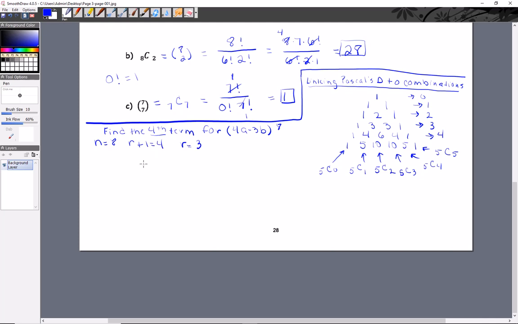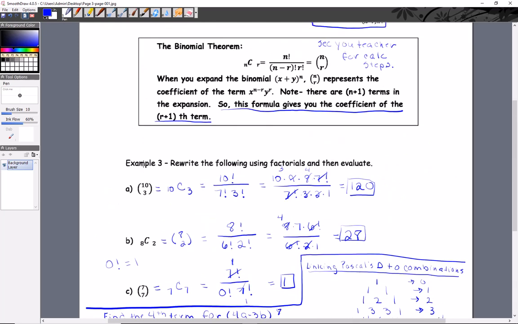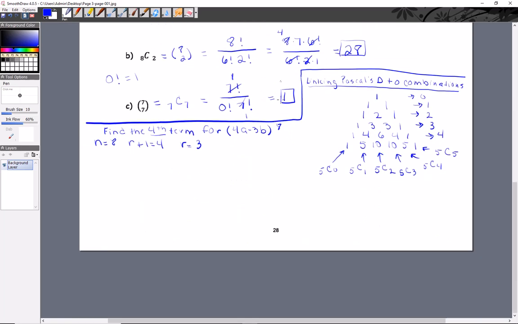Now if you look up here, that will be the exponent on the term that's kind of the second part of your binomial, right? And remember that the exponent on your first part and the exponent on the second part have to add up to n.